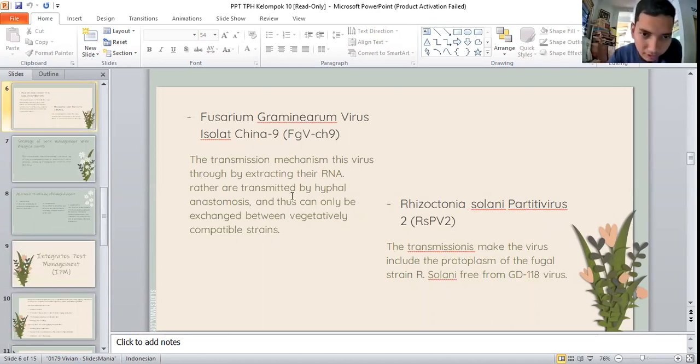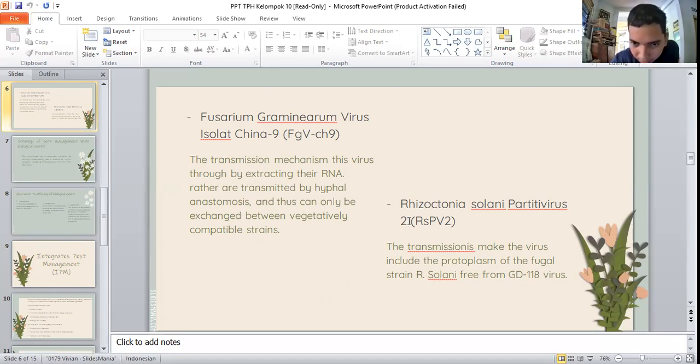Next, Fusarium graminearum virus isolate China 9. The transmission mechanism of this virus is not by extracting their RNA, but it is transmitted by hyphal anastomosis, and this can only be exchanged between vegetatively compatible strains.